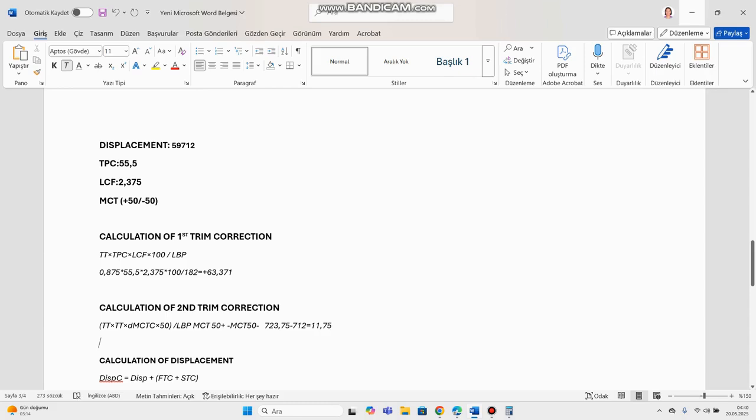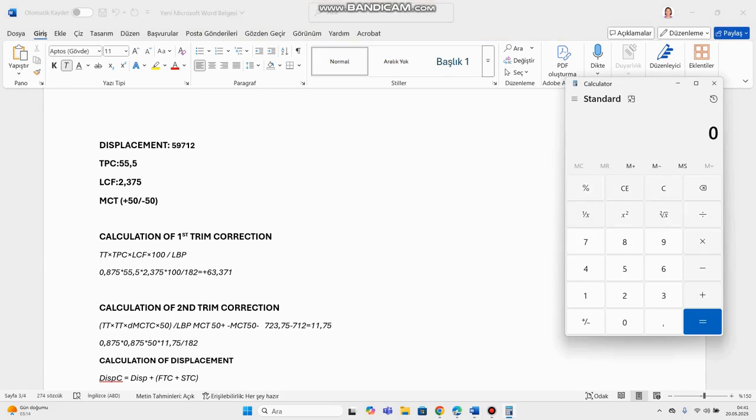Let's make calculation of second trim correction. Trim times trim times 50 times 11.75 divide 182.